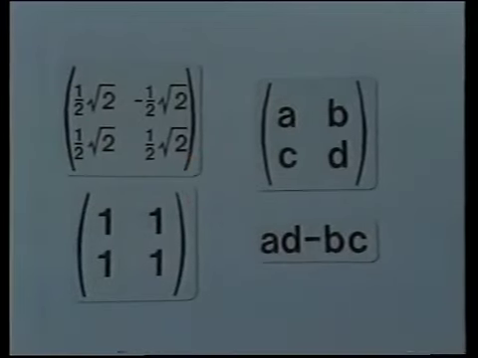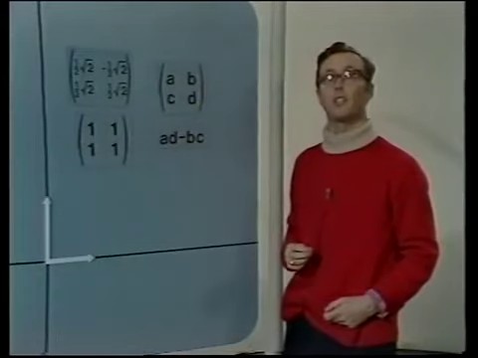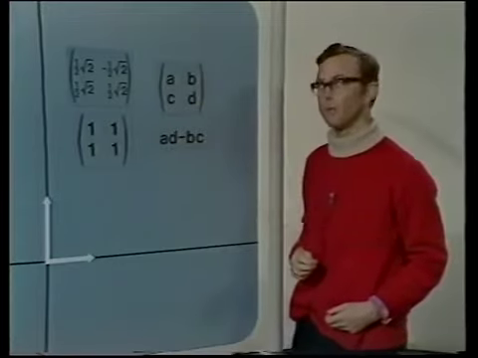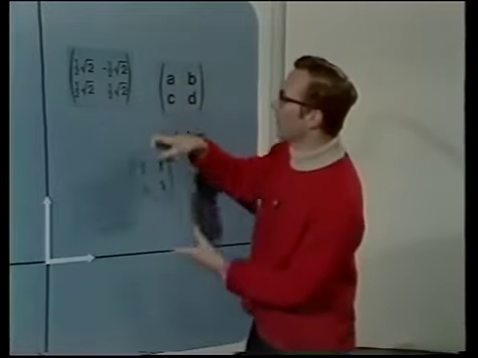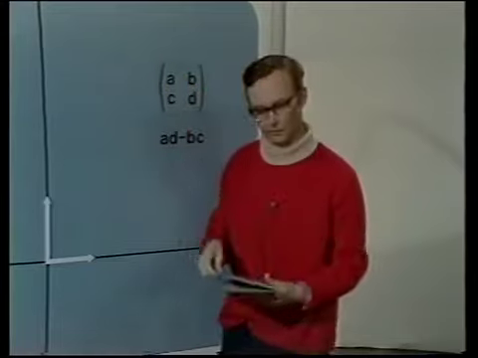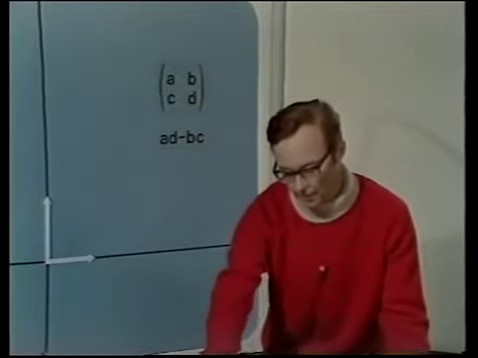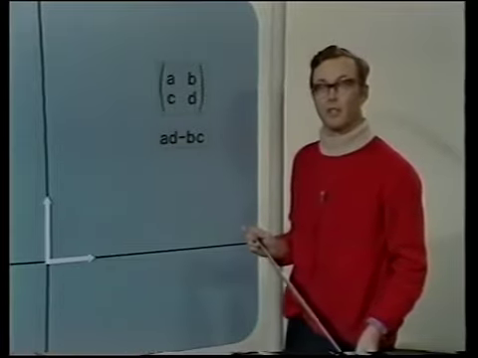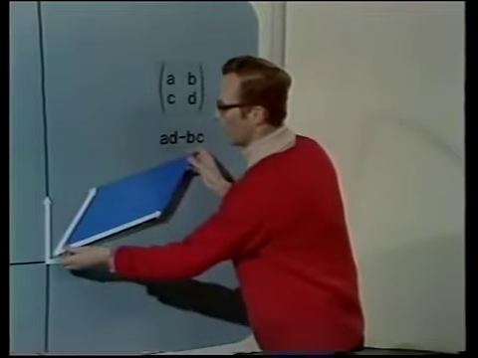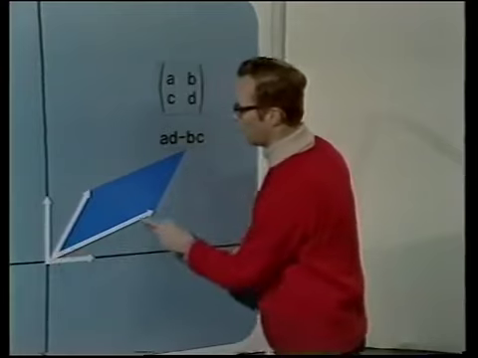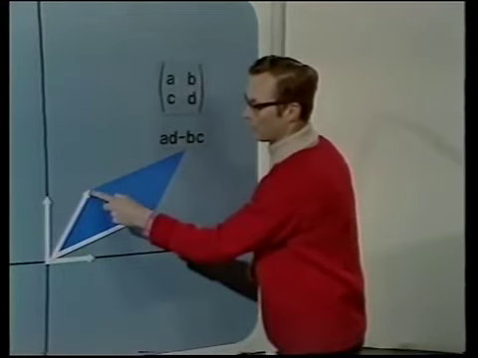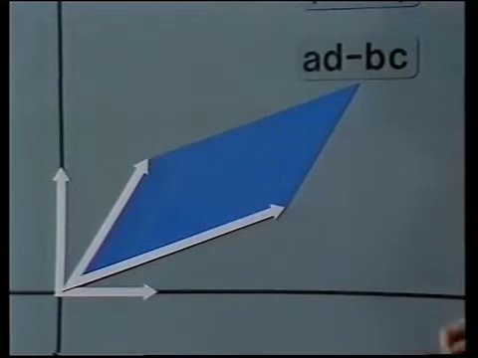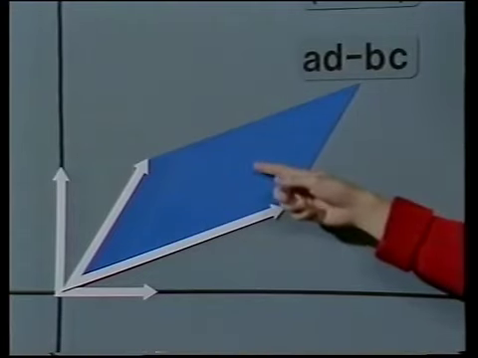Well, why is that important? Well, the answer lies in the geometry of the transformation. So let's take these away. And remember that if we have a transformation which does have an inverse, then the images of the basis vectors will be spread out like this. And the important thing to notice is that in that case, they form a parallelogram.